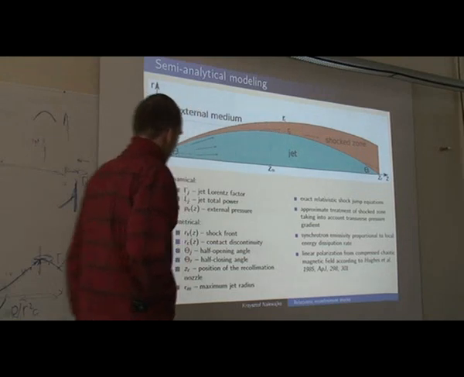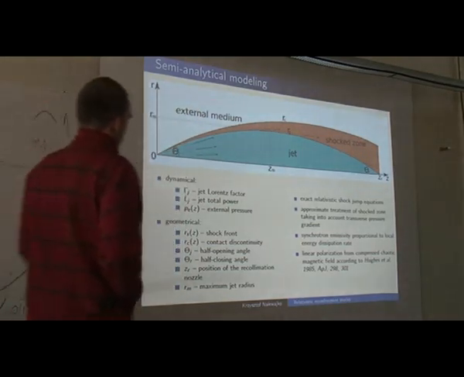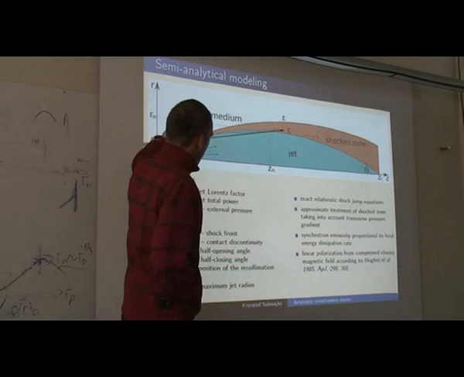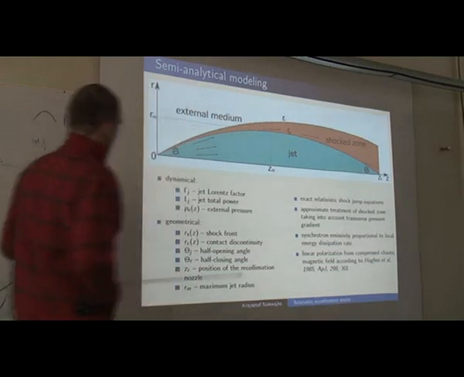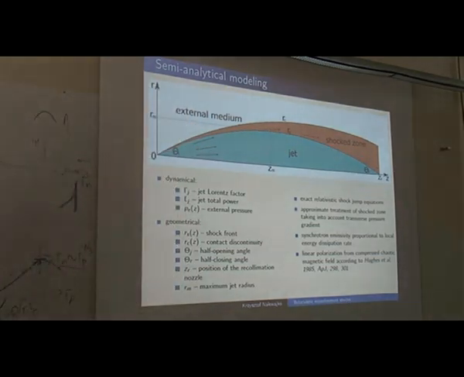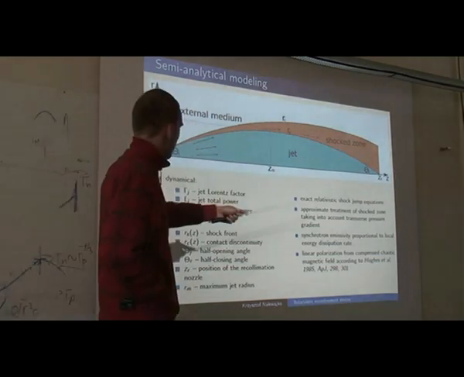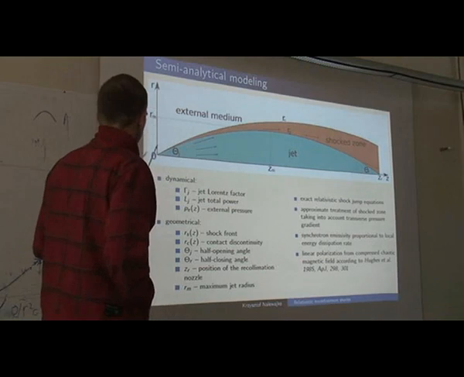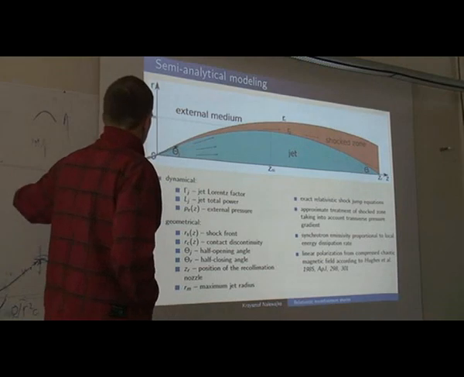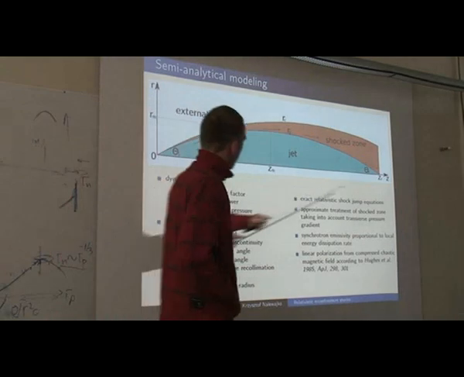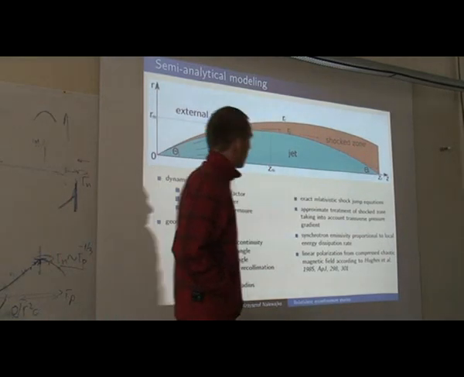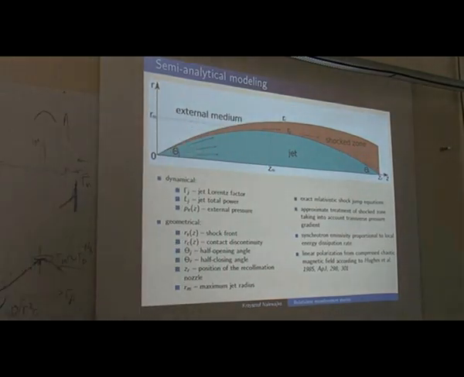and get the direction of motion, the Lorentz factor of the shocked matter, and also its internal energy. The broad parameters of the model are the opening angle, and also an important parameter is the position of this reconfinement.